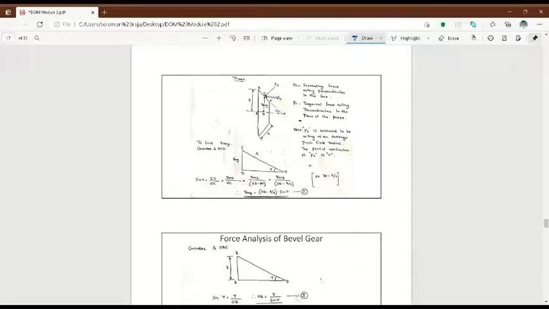They have extended this line from the base and they are meeting at a point O, and the angle is gamma, so they have taken this triangle. This is what is mentioned here, this triangle up to here.